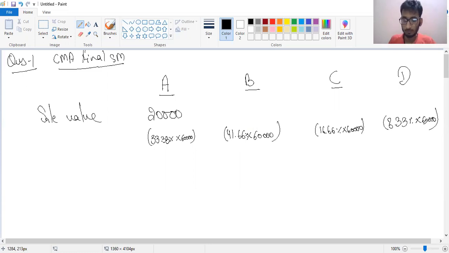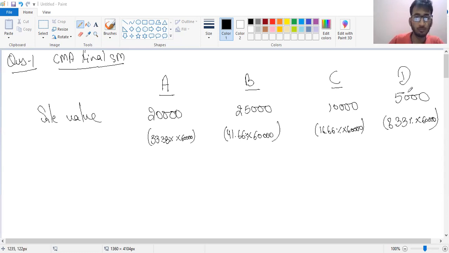So 41.66% of 60,000 would be 25,000. The next would be 10,000. What is left? 45, 55. I think 5,000 would be. Okay, so this we have calculated.